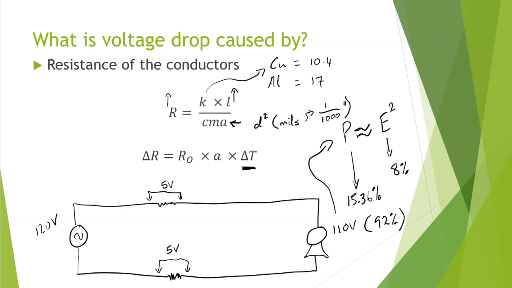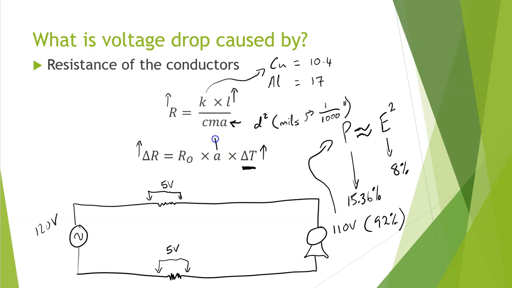But the temperature does come into play. And so once again, we can see that temperature has a direct impact on the resistance of the circuit. And so as the temperature of the material increases, so the resistance of the material will also increase.